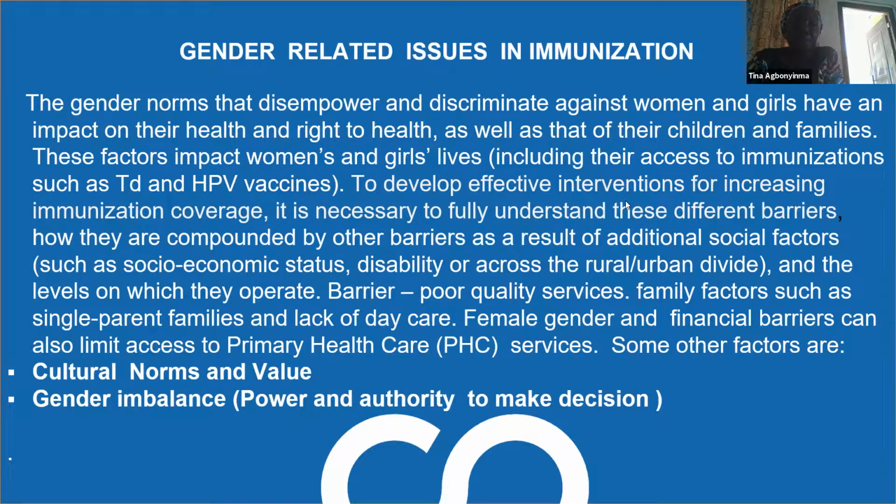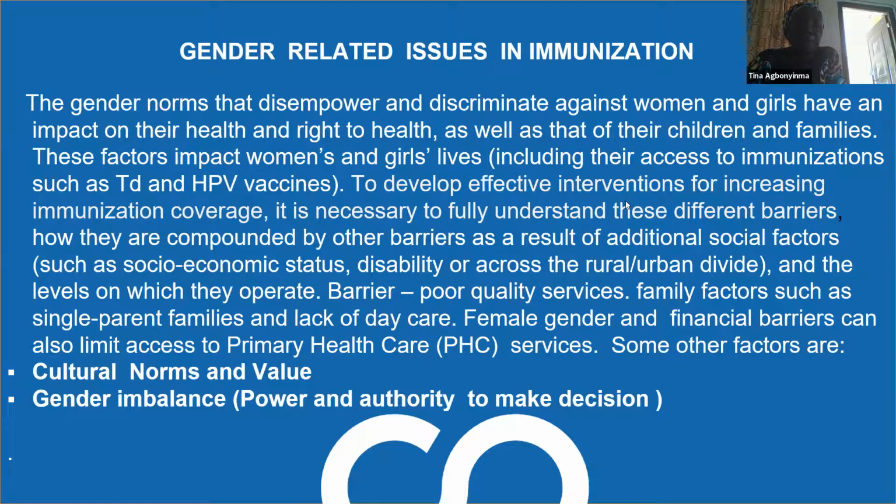To develop effective interventions for increasing immunization coverage, it is necessary to fully understand these different barriers, how they are compounded by other barriers as a result of additional social factors, such as socioeconomic status, disability, or the rural/urban divide, and the levels on which they operate.